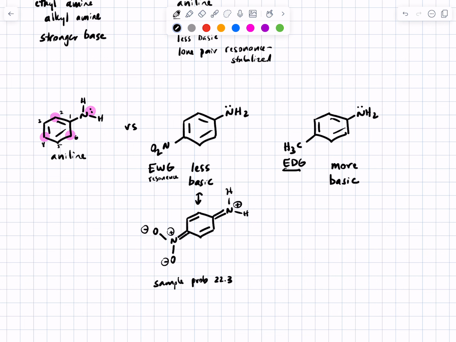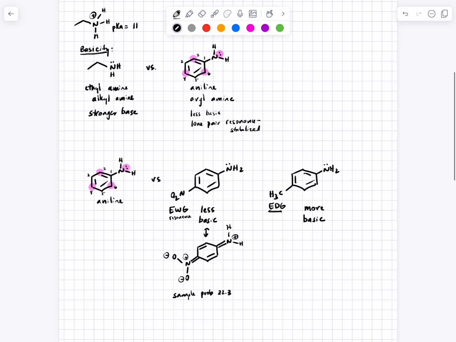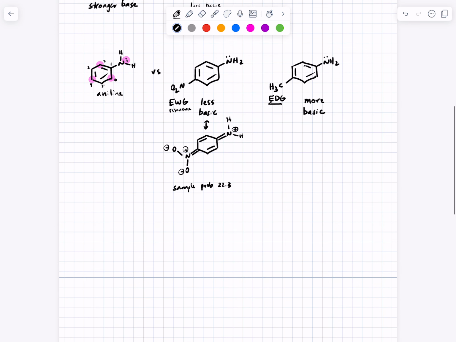What about the impact of, let's now compare an alkylamine with an alkylamide. Which do you predict is more basic, the amide or the amine?